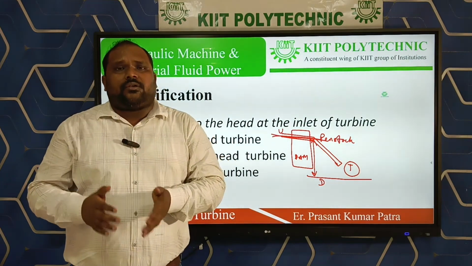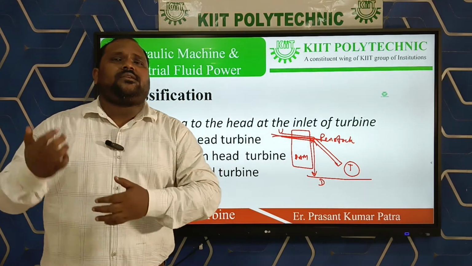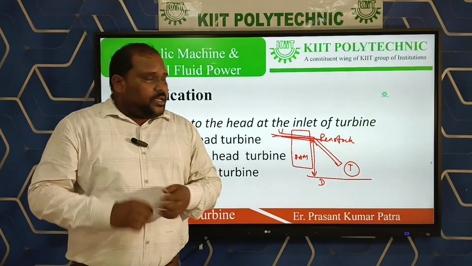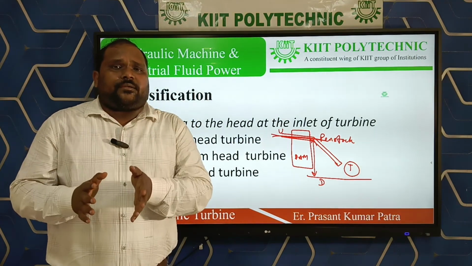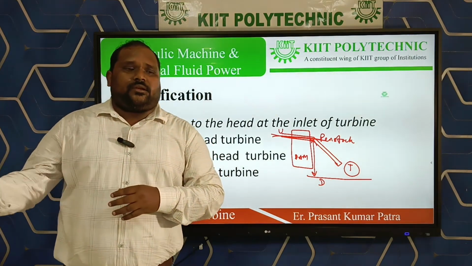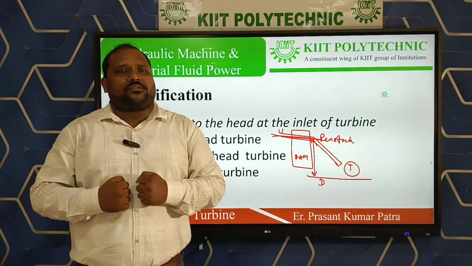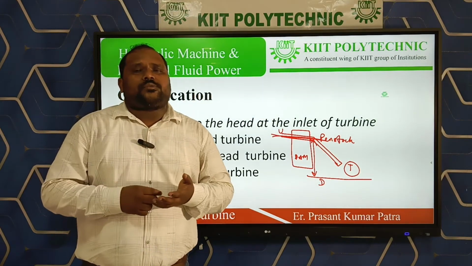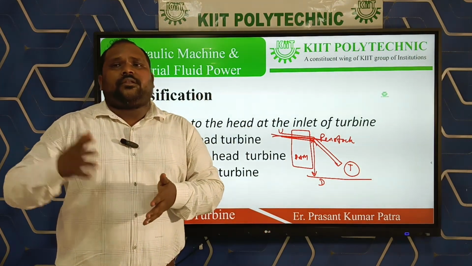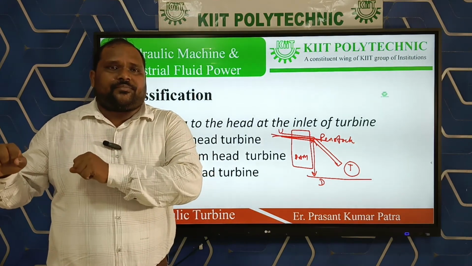If head is low, then potential energy is low, and that potential energy is converted into kinetic energy. Already we have discussed, in case of turbine, we convert the potential energy into kinetic energy. So there are different setups, in case of the tangential Pelton turbine, in case of the Francis turbine, for the Kaplan turbine, we use different heads.